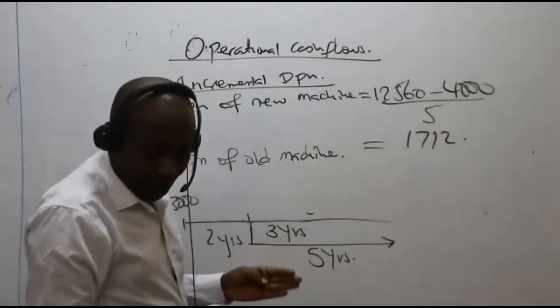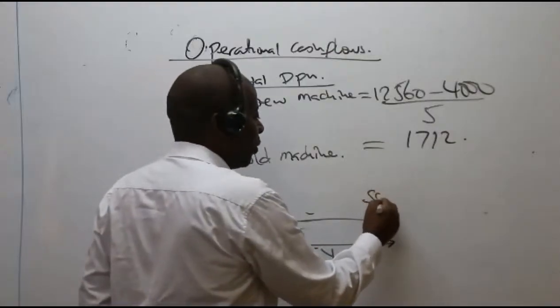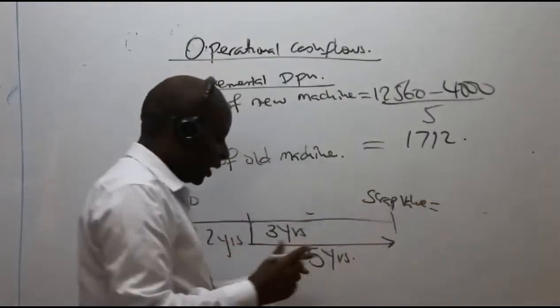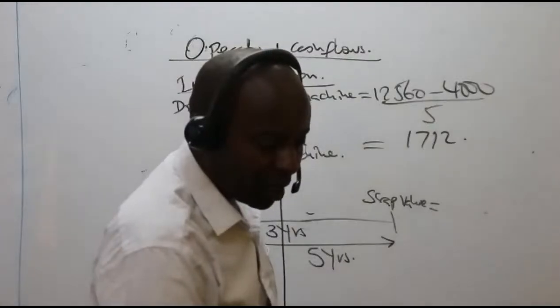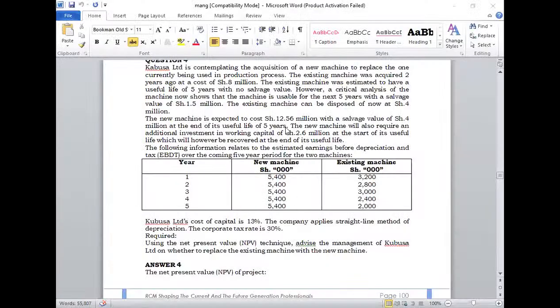For these 5 more years, they have given us the scrap value after elongating the period. They are telling us, however, a critical analysis of the machine now shows that the machine is usable for the next 5 years with a salvage value of 1,500.